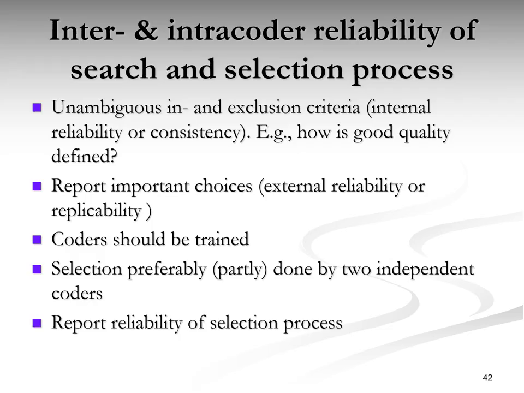If this is not the case, then you can have again a look at the inclusion and exclusion criteria or the operationalization. So maybe the criteria are not clear yet. It's also a good idea to report about the reliability of the selection process. So for instance, you could report on the percentage of agreement.